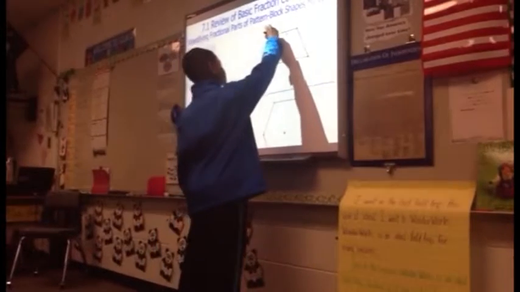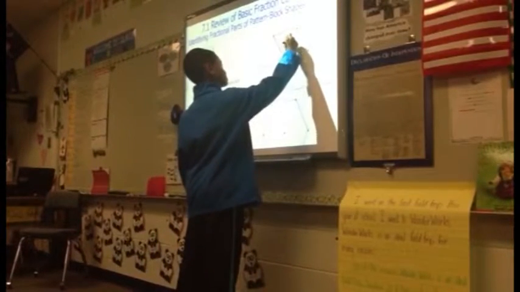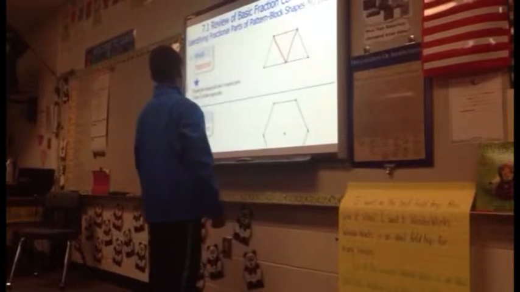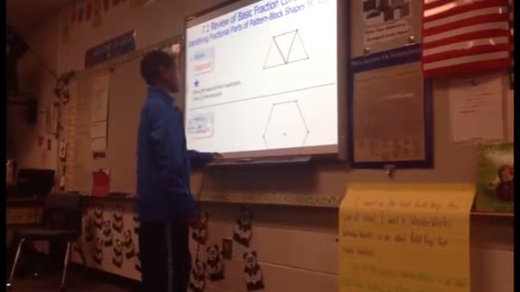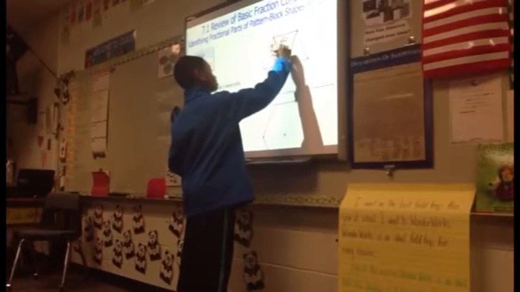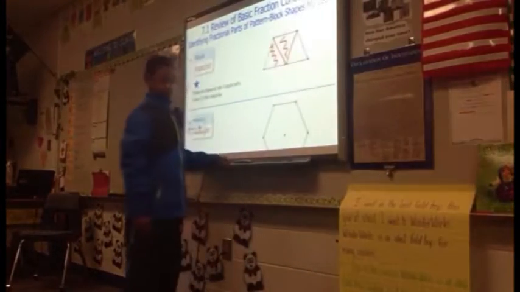Look at your dots. Perfect. Now how many do they want you to color? 2/3. Go ahead and color 2/3 of that trapezoid. Great job.